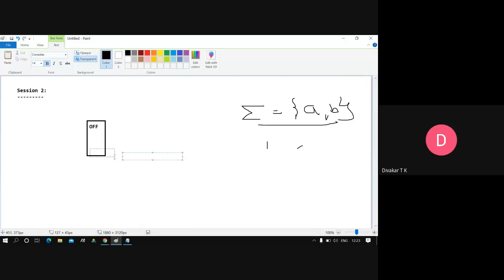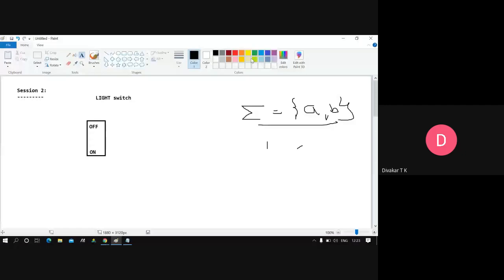If I want to switch on the light, whether I want to press the off side or the on side, guys? On, sir. Very good, perfect.